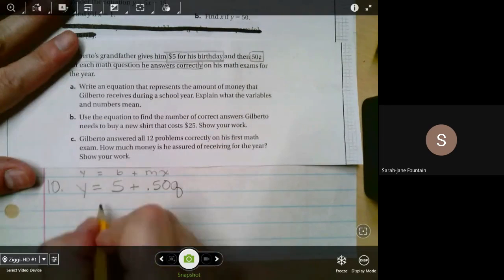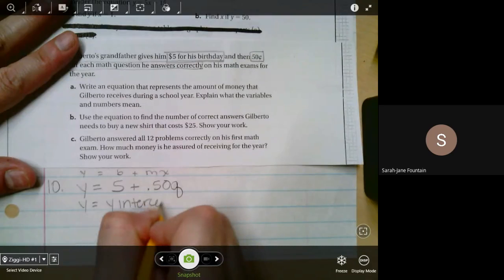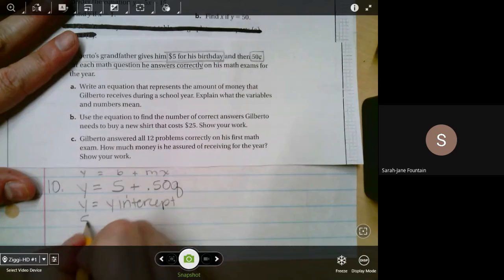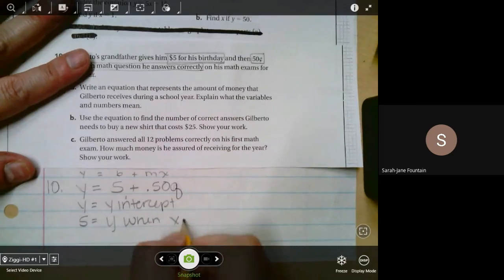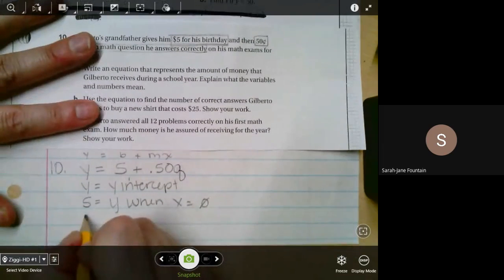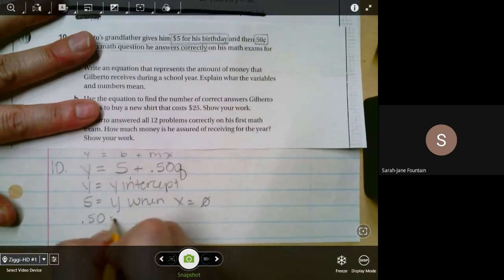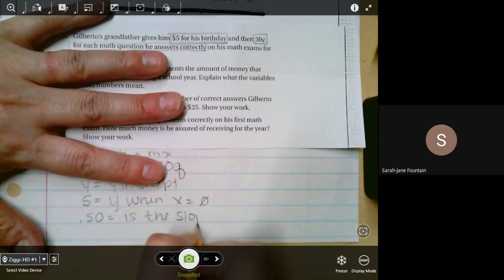Well, y equals my y-intercept. 5 equals y when x is 0. 0.50 is my slope or rate of change.